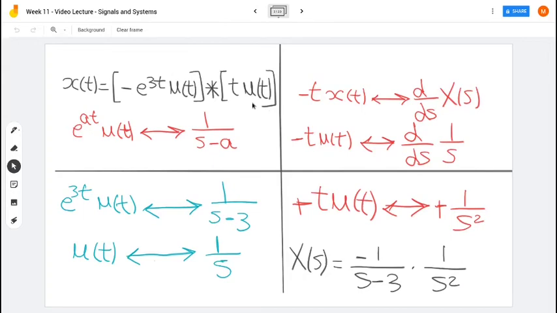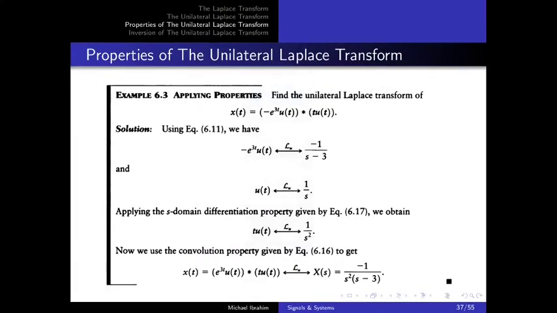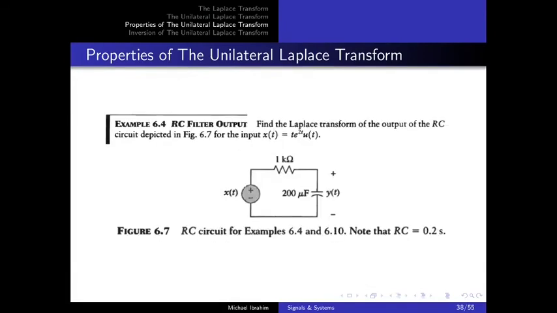So here, as a matter of fact, we applied two properties, the differentiation in s domain property and the convolution property, and this will be our Laplace transform, as you can see over here. So it's minus 1 over s minus 3 times 1 over s squared.